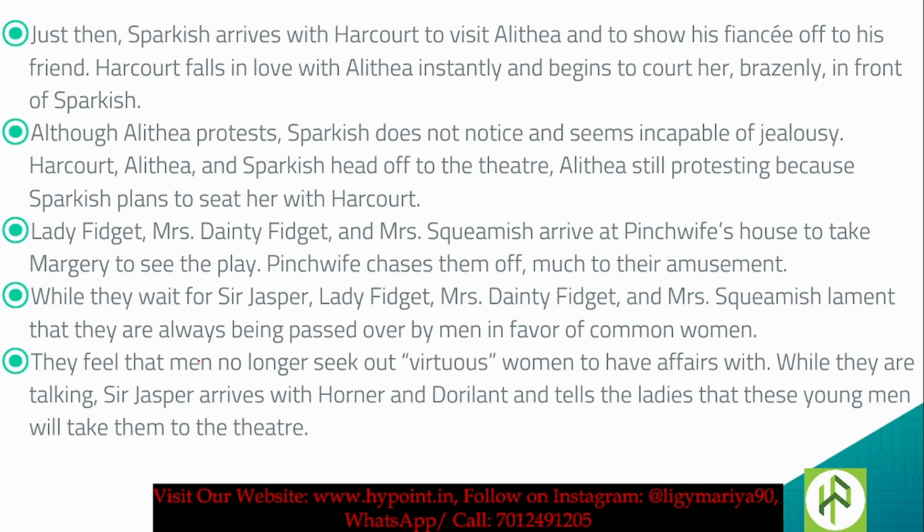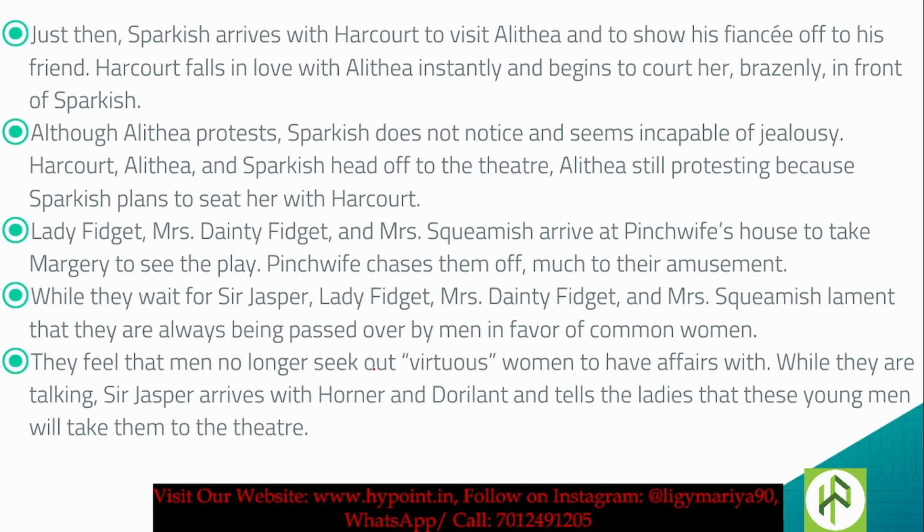Men are not noticing them, so that's their problem. They feel that men no longer seek out virtuous women to have affairs with. They call themselves extremely virtuous, but they still want attention from other men and want to have affairs with them. So they lament that, being virtuous women, nobody wants to have any affairs with them.